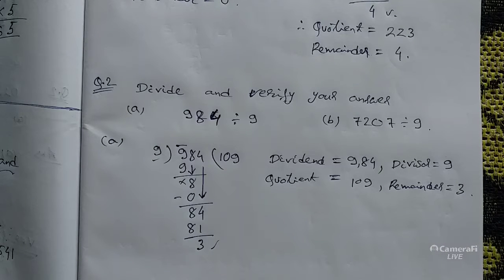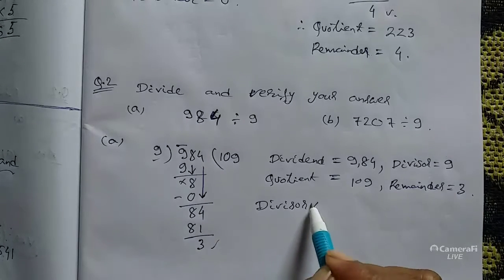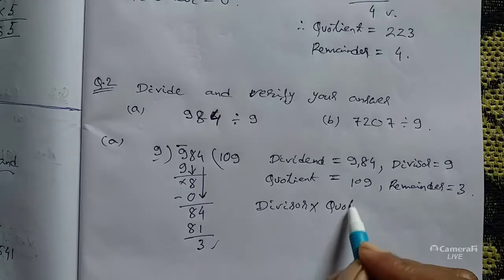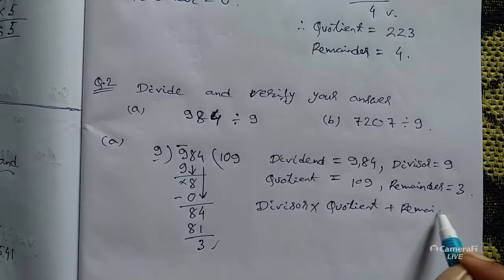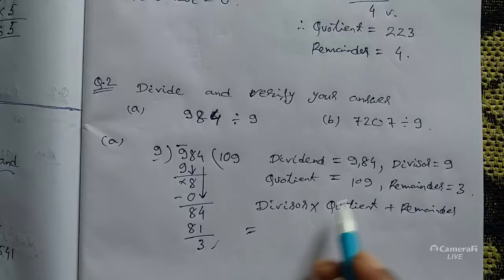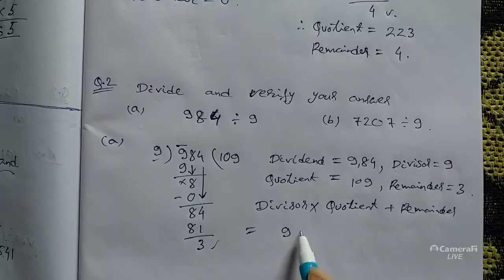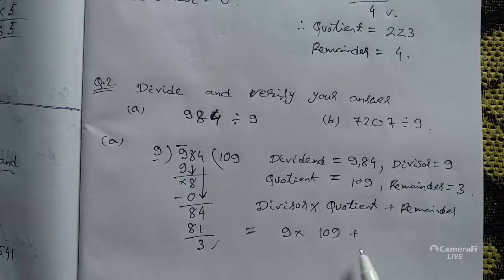Now the verification rule is the same as we did in the case of division of a 2-digit number: divisor multiply quotient plus remainder. We will find this. The divisor is here 9. We have to multiply the quotient 109 and add the remainder 3.